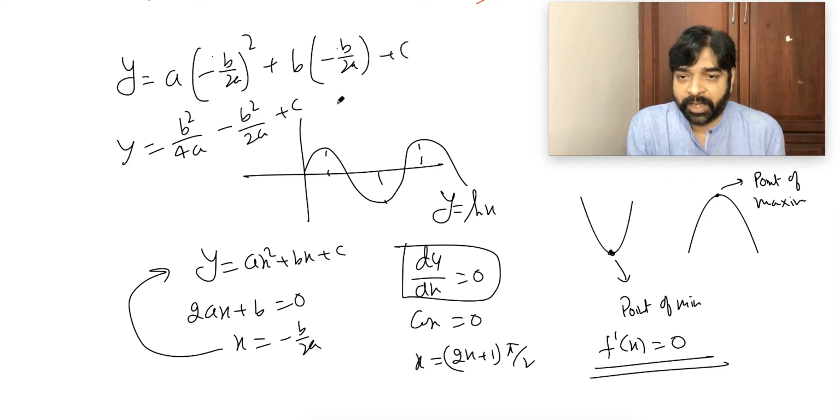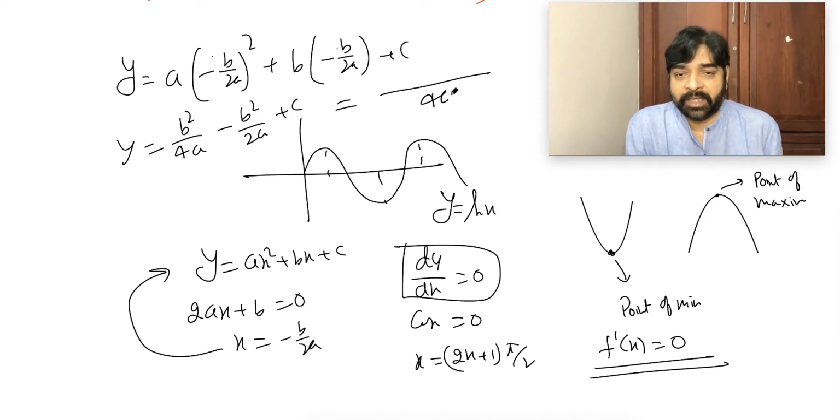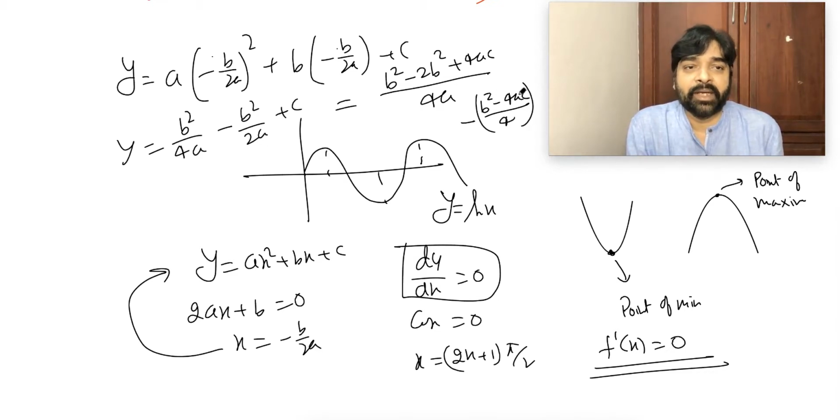I hope I am doing it correctly. 4a will be the LCM, so you will get b square minus 2b square plus 4ac. So this becomes b square minus 2b square, which is minus b square, plus 4ac. Taking minus common, it becomes minus (b square minus 4ac) by 4a. If you remember, this is nothing but the capital D. So the y coordinate will be minus D by 4a.